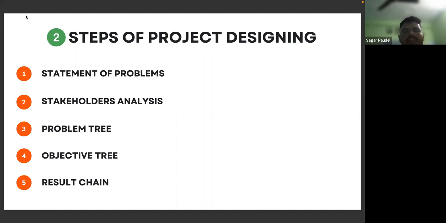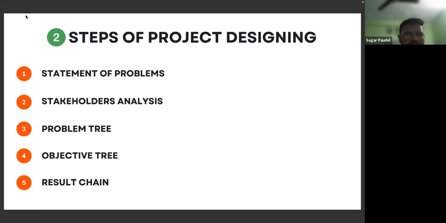So we can identify the stakeholders and their impact too. For example, the people in that community have more impact than some other organization working in water. So we need to identify their impact as low, medium, and high, because a stakeholder who has a great relation with that project has high impact. So this is all about the second step.